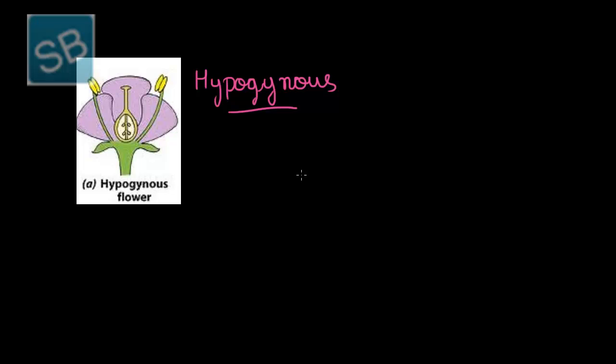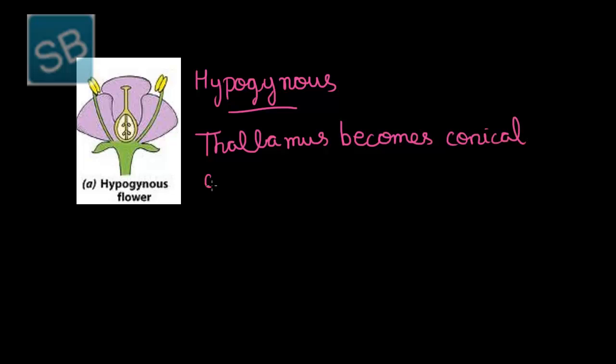The first type is hypogynous flower. Here, the thalamus, that is this, becomes conical and large shaped, above which ovary is located.